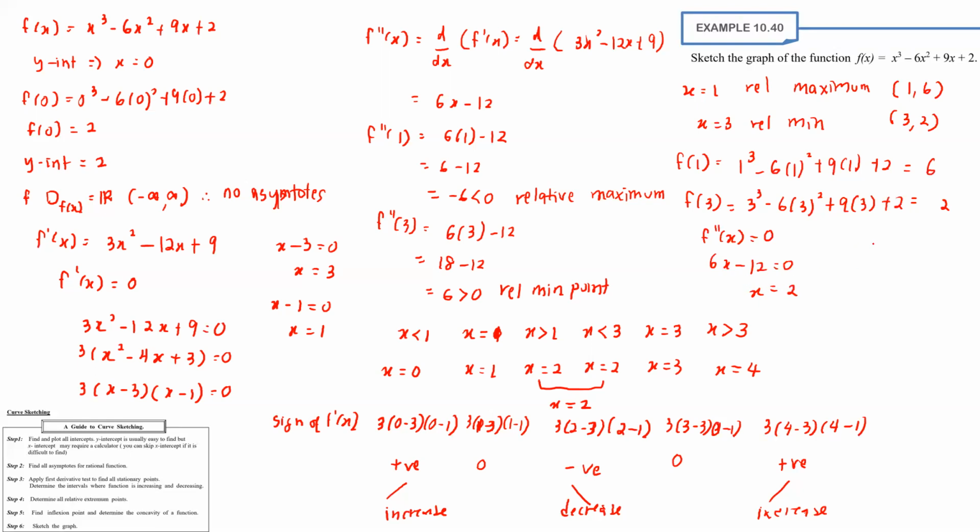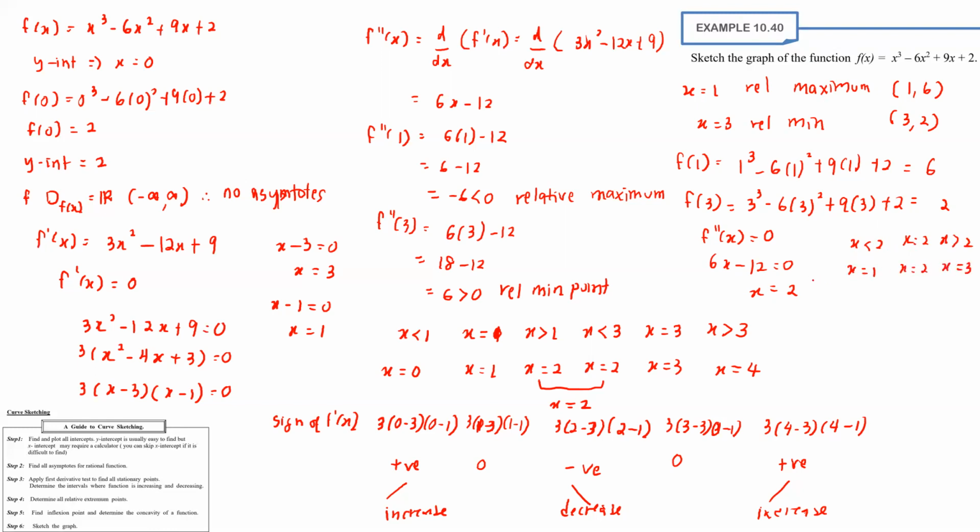So you have to determine the sign of f double prime x for x less than 2, x equal to 2, and x greater than 2. Let's say x equal to 1, x equal to 2, x equal to 3.